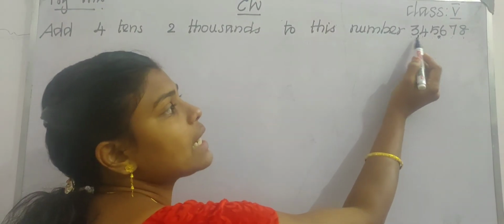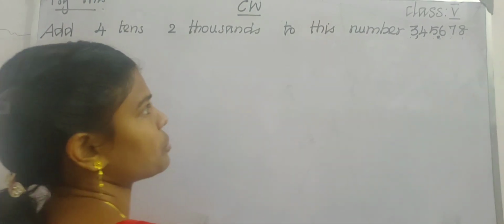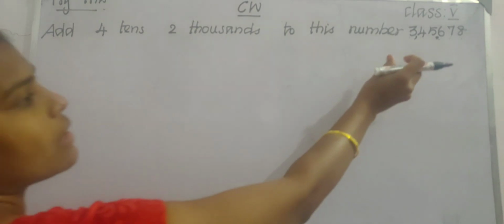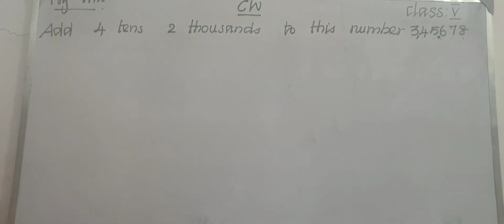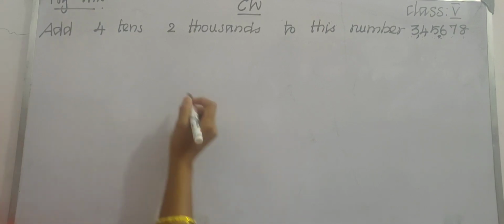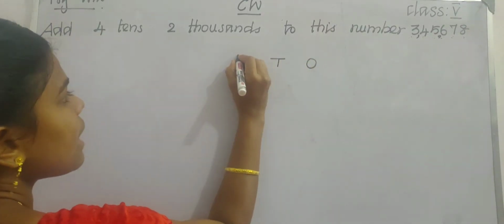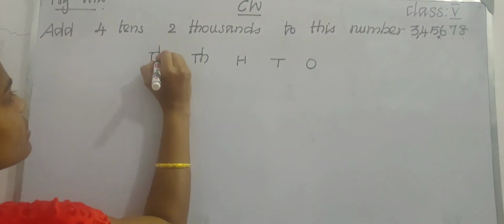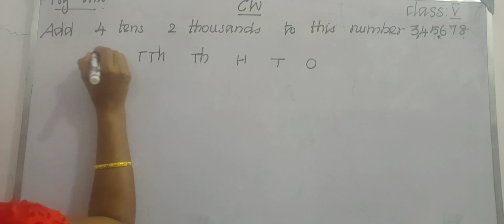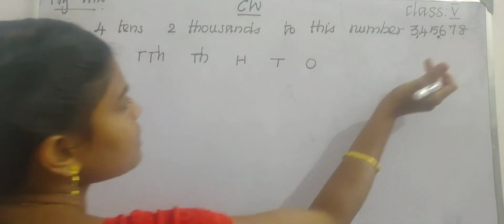So 3,45,678. So we are going to add this with 4 tens and 2 thousands. Okay, children. So we are having ones, tens, hundreds, thousands, 10,000s, and then lakh. So let us write this number here.